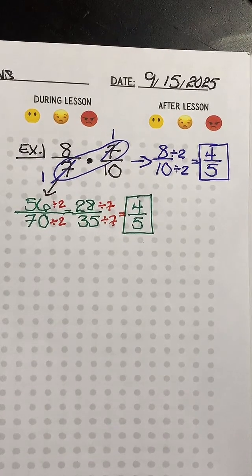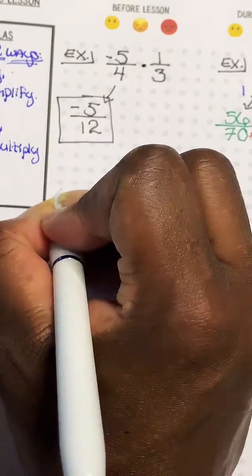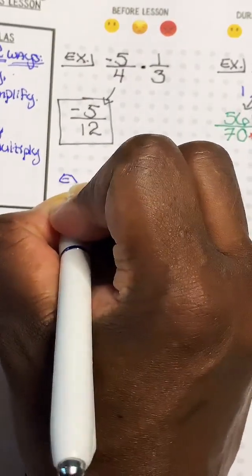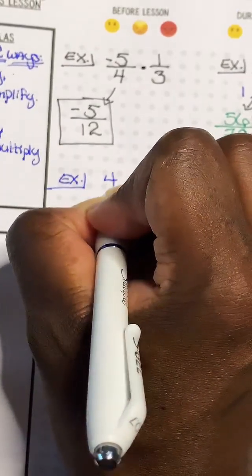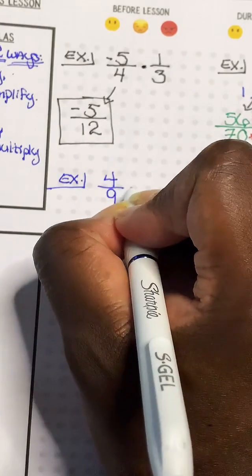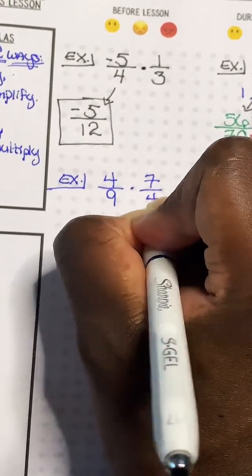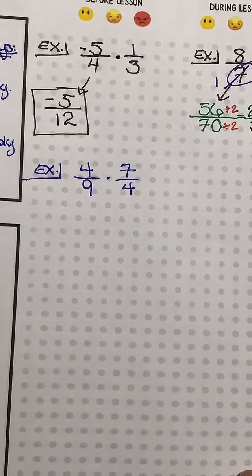All right. So let me give you one. Let's see if you can identify this one. So we have 4/9 times 7/4. All right.